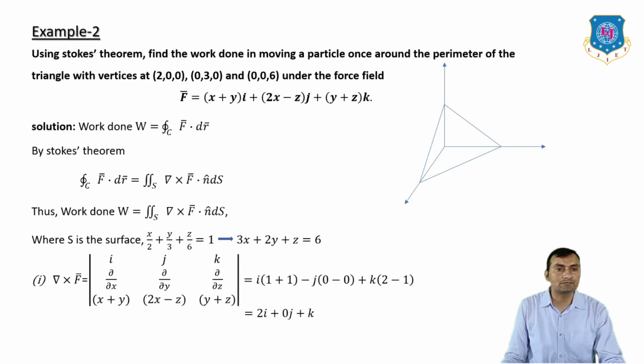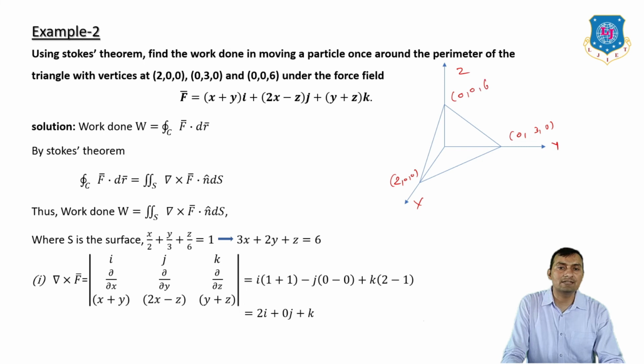Now let us see another example: find the work done in moving a particle once around the perimeter of the triangle with vertices at 2, 0, 0 along the x-axis, 0, 3, 0 along the y-axis, and 0, 0, 6 along the z-axis.